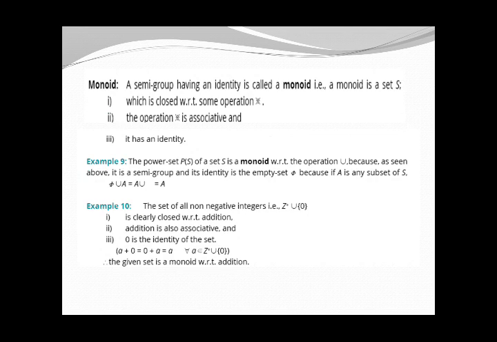If three conditions hold in a set, then it is called a monoid. First one is the closure property, second is associative, and third is identity. If a set contains these three properties, then it is called a monoid.